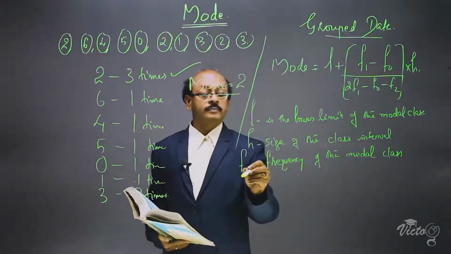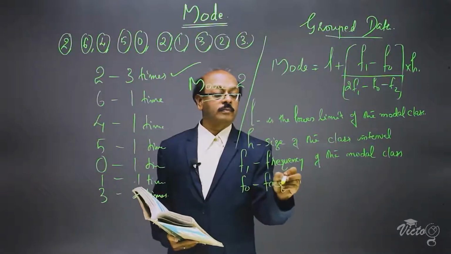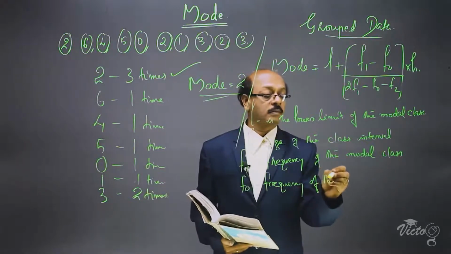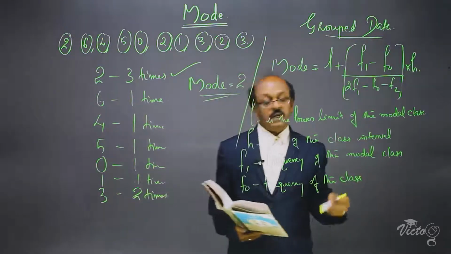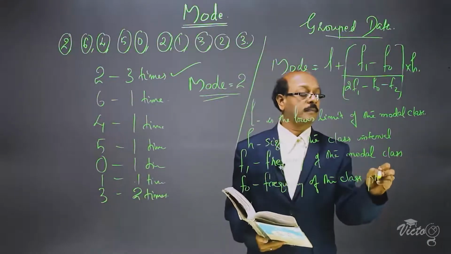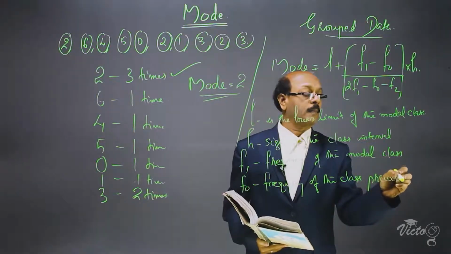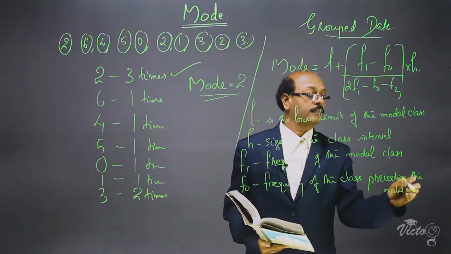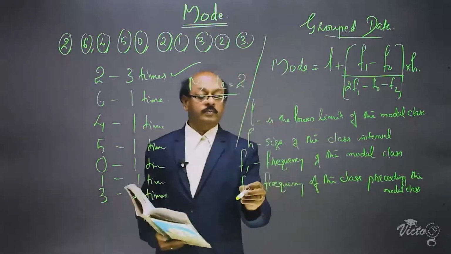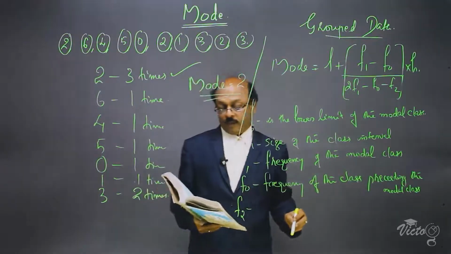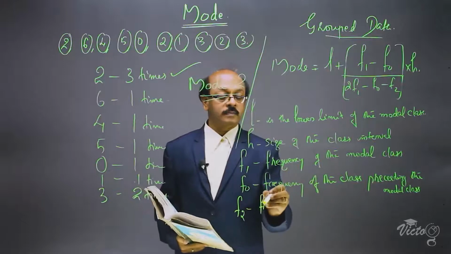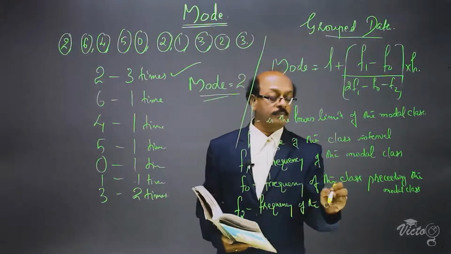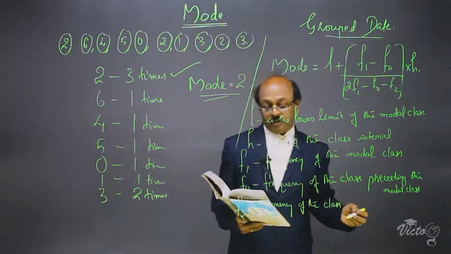F0 is the frequency of the class preceding the modal class. F2 is the frequency of the class succeeding the modal class.